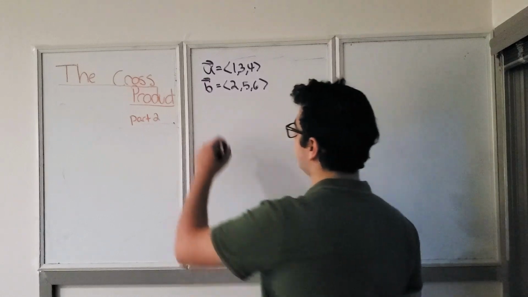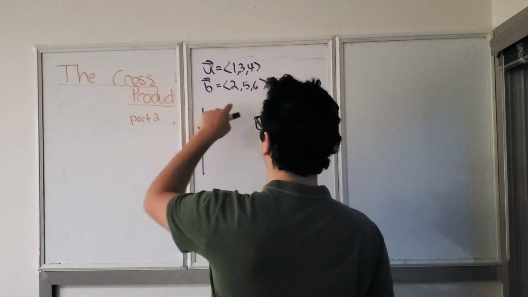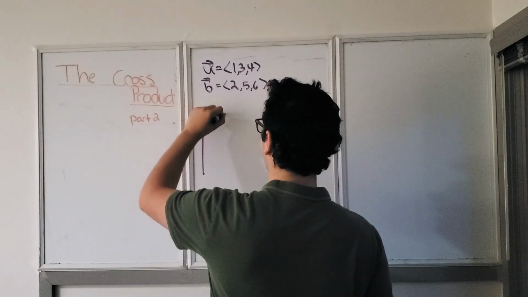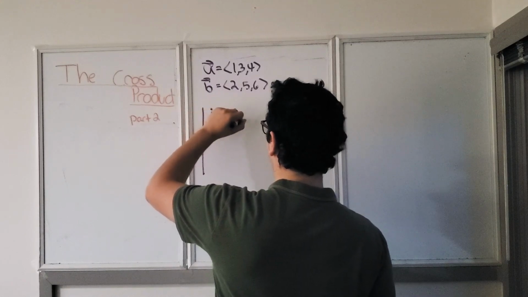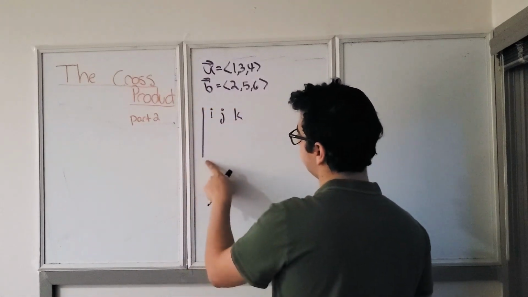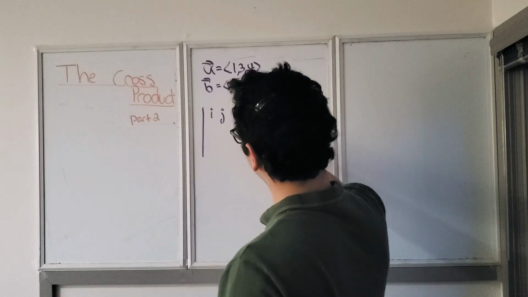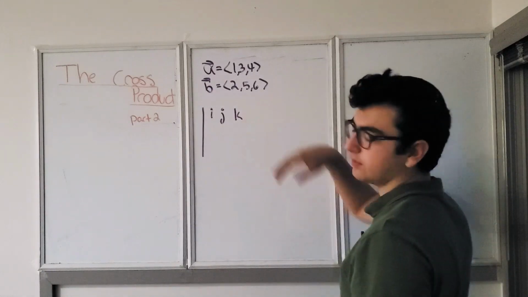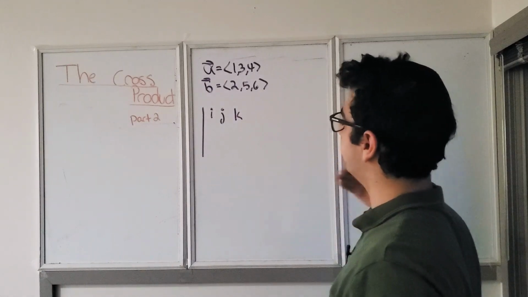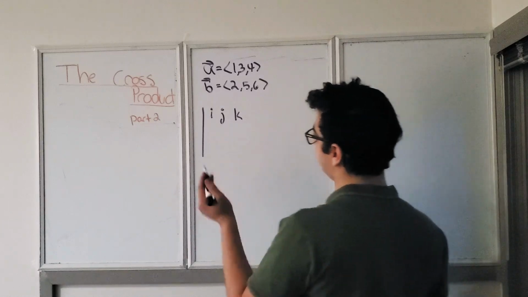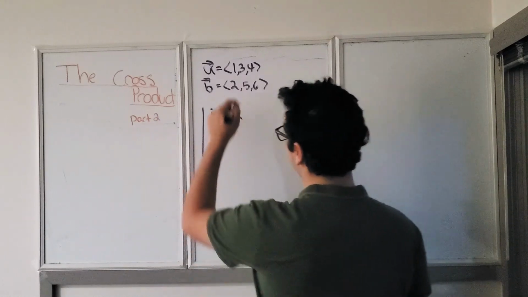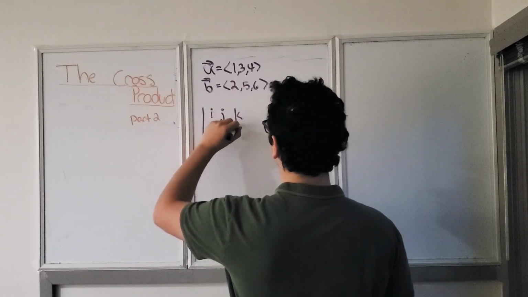We would again do the cross product. In this case, we would have to have I, J, and K on the top row to tell us how far each different x, y, and z coordinate needs to go. So I just plug them in.